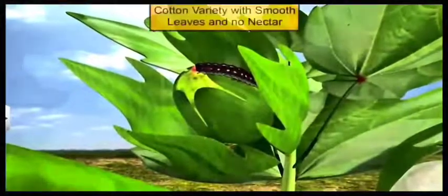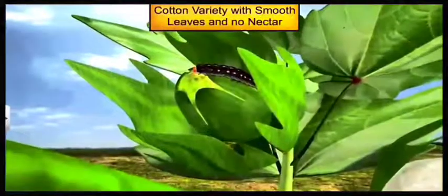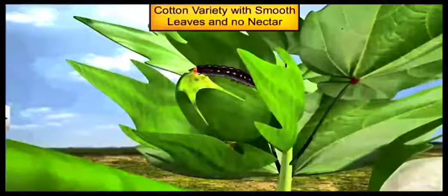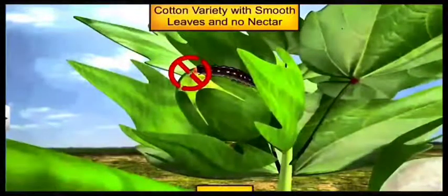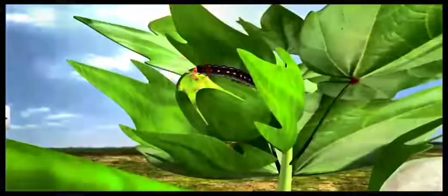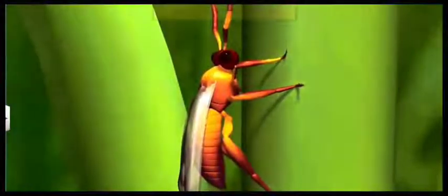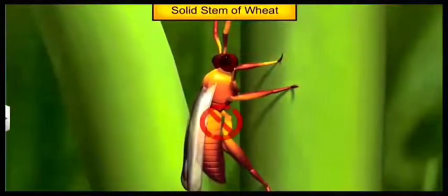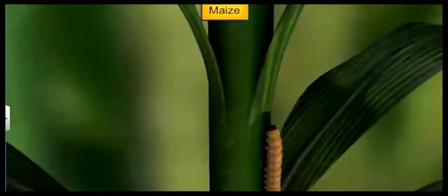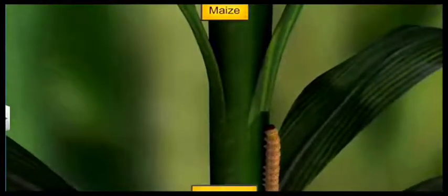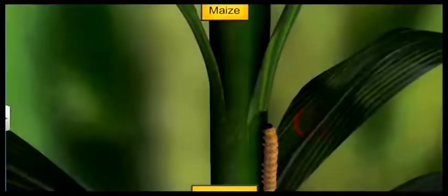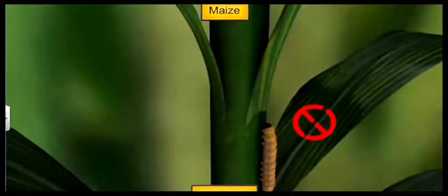Smooth leaves without nectar in cotton make it resistant to borer. Then solid stem in wheat makes it resistant to sawfly. Likewise, in maize, high aspartate, low sugar and low nitrogen content make it resistant to stem borer.